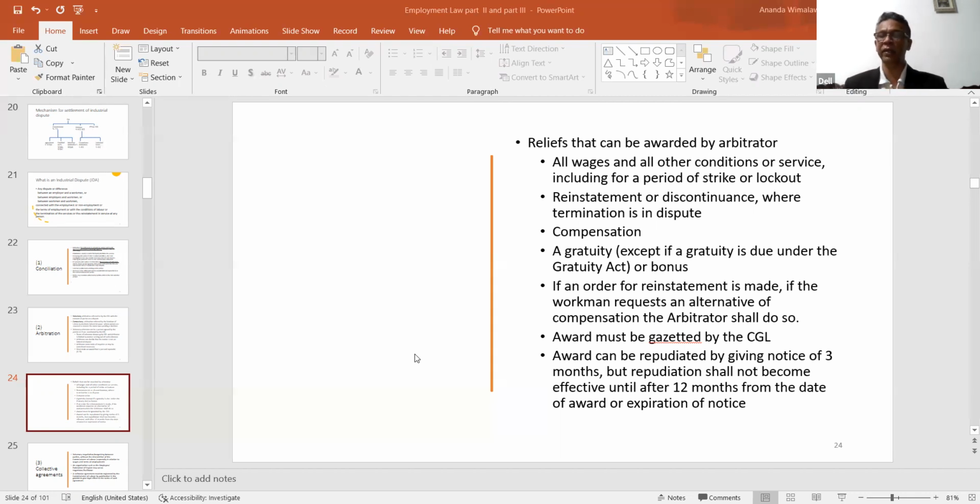Giving 3 months' notice, but repudiation shall not become effective until after 12 months.